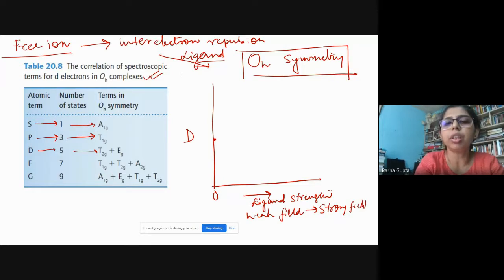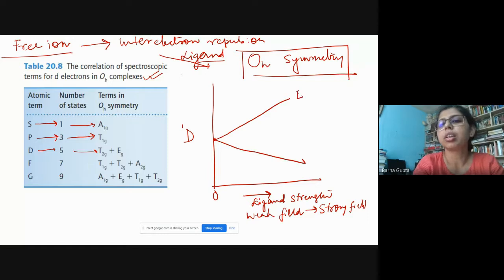Then if it is a point, let's say 1D, and then it breaks like this into eg and t2g, and depending on the ligand field, these values change.